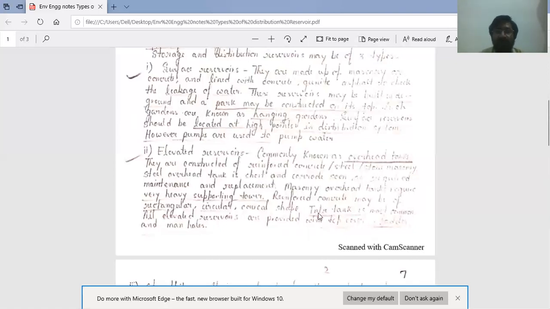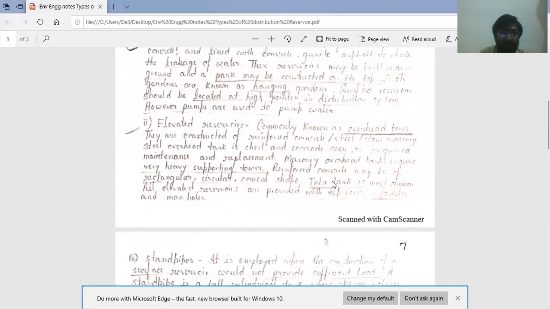Masonry overhead tanks require a very heavy supporting tower. Tanks of reinforced concrete may be of rectangular, circular, or conical shape. Circular tank is most common, and all elevated reservoirs are provided with top cover, ladders and manholes for servicing and cleaning.